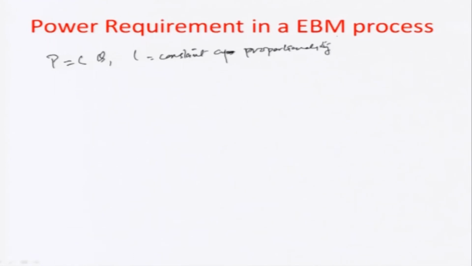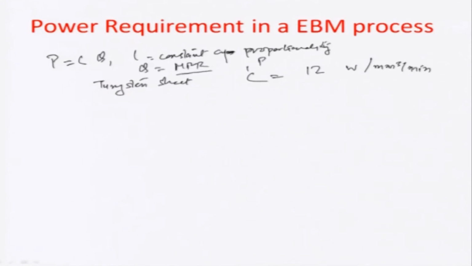and the value, for example, in this particular case it is a tungsten sheet. The C value experimentally observed in case of a tungsten sheet came out to be about 12 watts per millimeter cube per minute. Q of course is the MRR, material removal rate. P is the total amount of power which is needed.